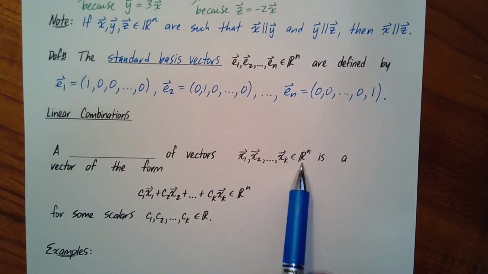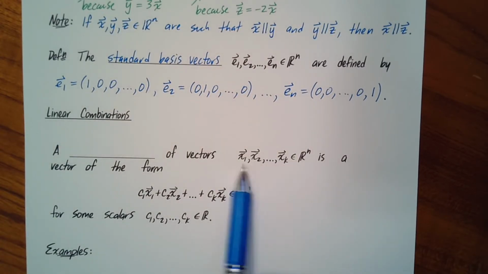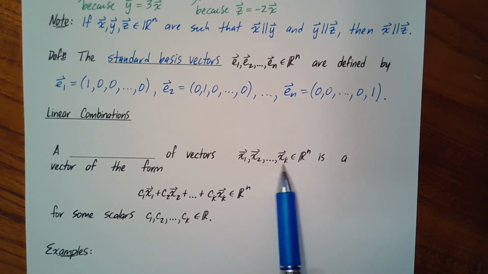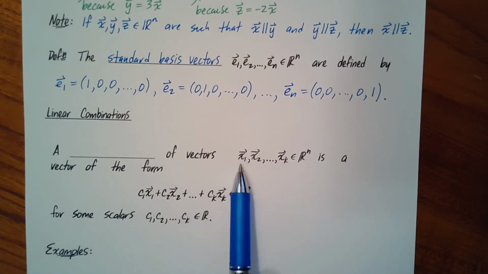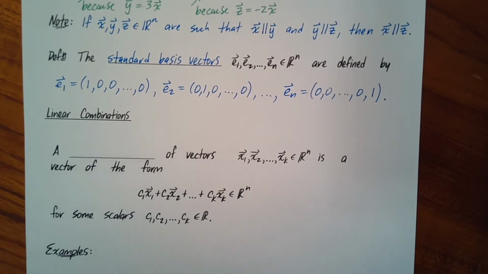And they're all vectors in Rn, which means each one of the vectors in this list is a coordinate vector, and they've got n coordinates. So n is the number of coordinates in each of these vectors, and k is the number of vectors in this list. And I know that they all have n coordinates because they're in Rn, right?